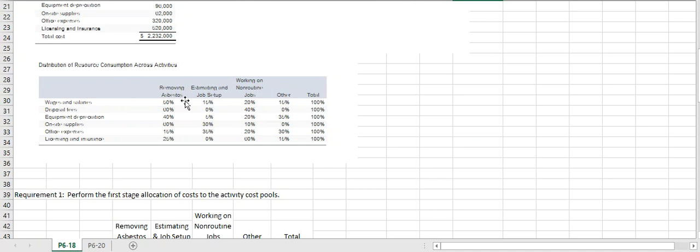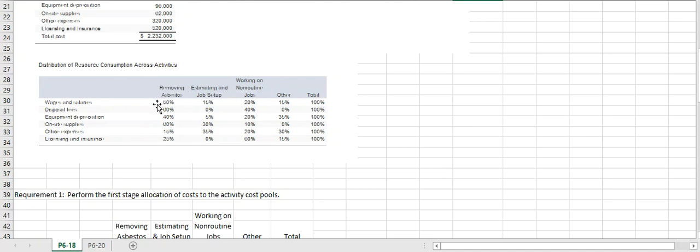So we have 3 or 4 activities: removing the asbestos, doing the estimating and job setup, working on non-routine jobs, and other. So what this chart is telling us essentially is that we have wages and salaries, a total of 100% of that cost, and we're going to spread that 100% of wages and salaries cost up across 4 categories, which are the 4 activities.